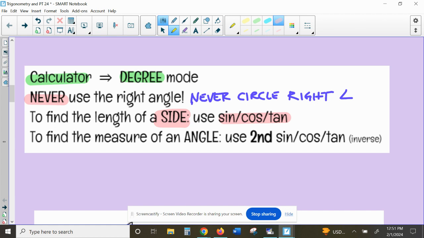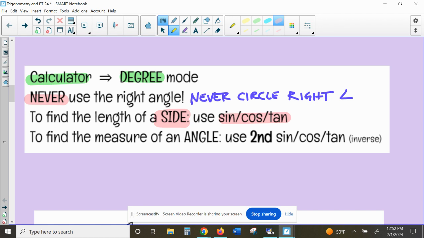Sine with the parentheses. And so in that little parentheses, you put the information you would want to put and just hit enter. Okay? That's what you do when we want to find a side. You don't have to close the parentheses. If you actually hit enter, it automatically closes for you. Or you can close it if you want, but you don't have to.